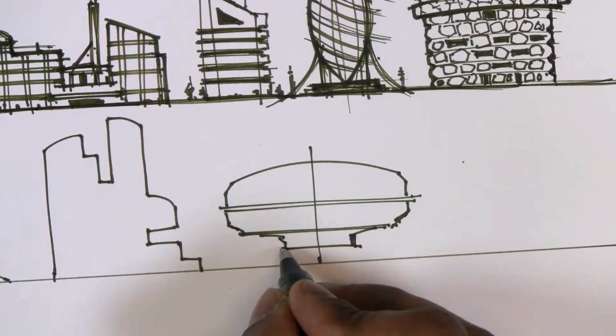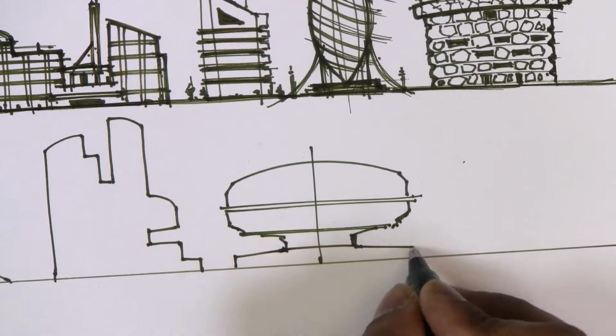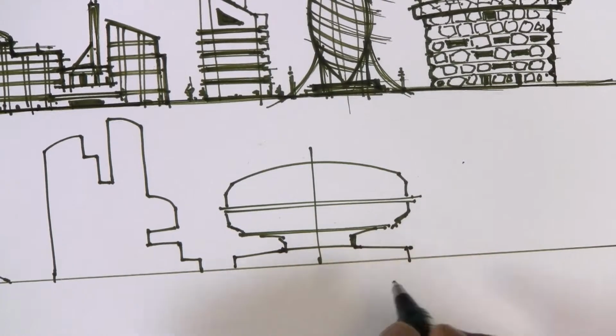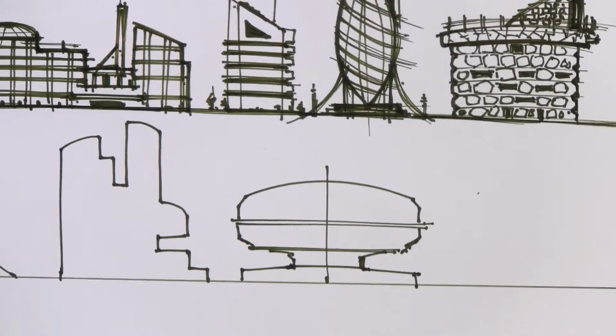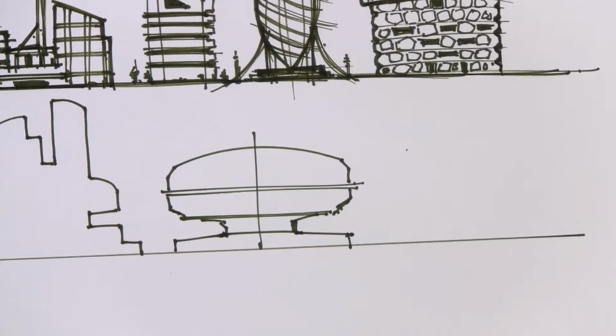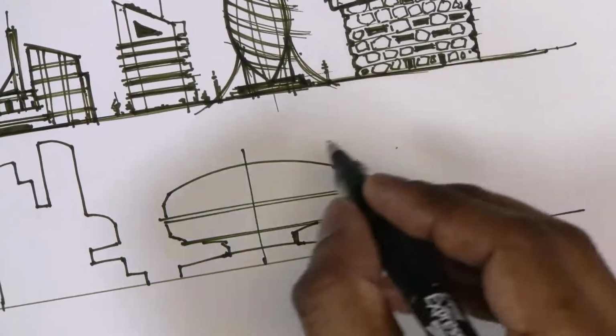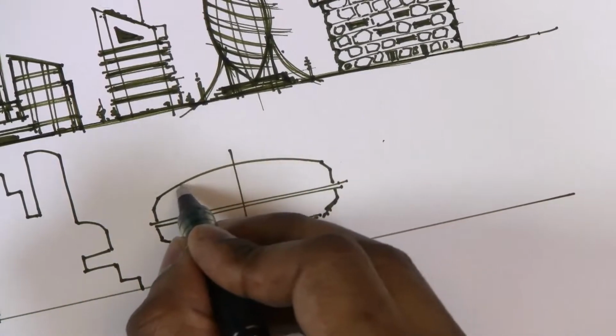Maybe it can be something like that. I don't know, but I'm going to add a little bit of a base to it. As you see, I'm taking elements of that particular design and then adding something on my own.